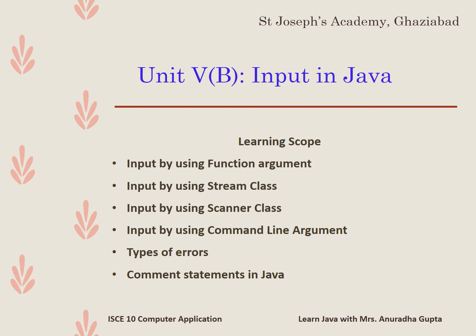After learning how to write and compile Java programs on the BlueJ platform, let's move to the next part of Unit 5, Input in Java. Here you have to learn different ways of inputting values, types of errors, and comment statements in Java.